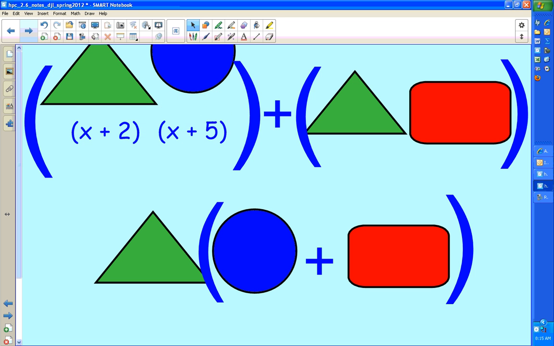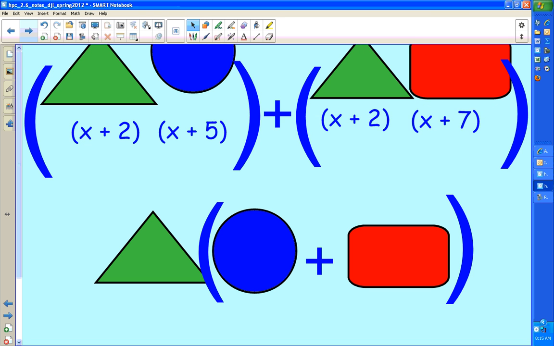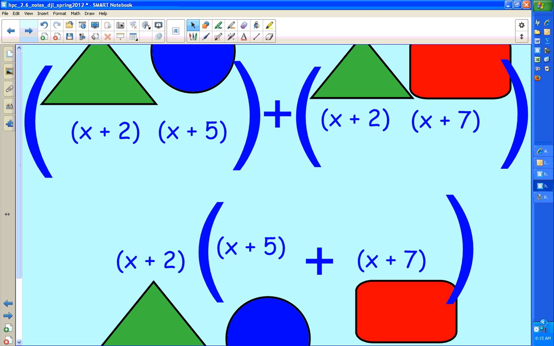If you have this as your product in the second spot, the x plus 2's are in common. You're taking the x plus 2 and moving it to the front, and you're left with x plus 5 plus x plus 7. I'm not trying to make things more convoluted.